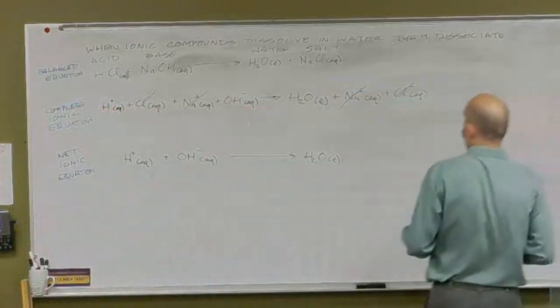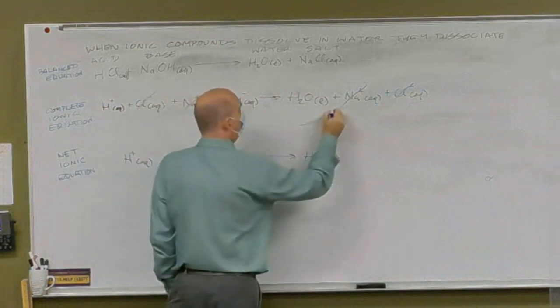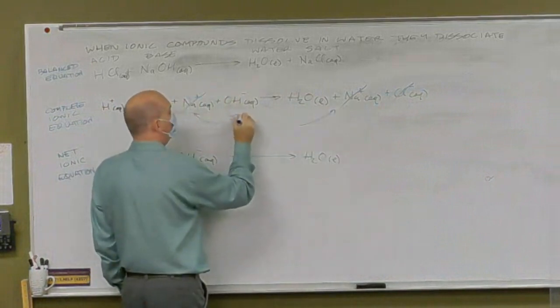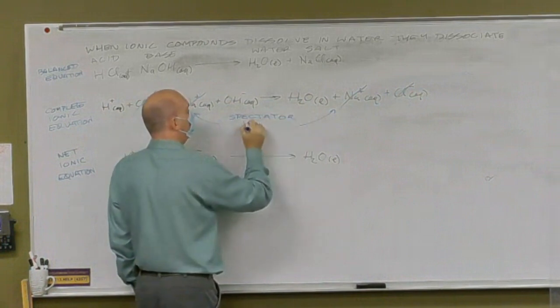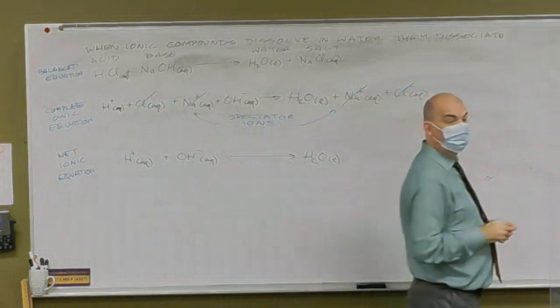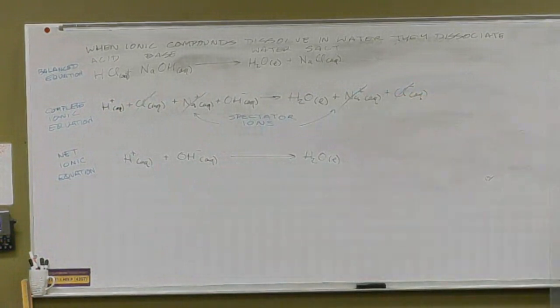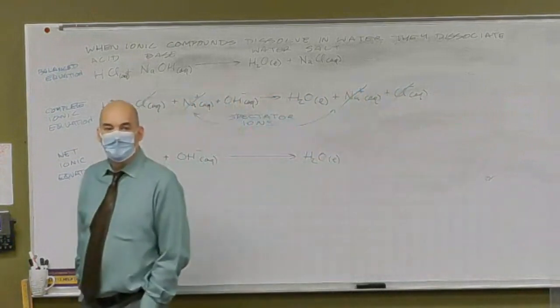So these things that got cancelled, these are called spectator ions. Spectator ions appear in the balanced equation, but do not play a role in the underlying reaction.